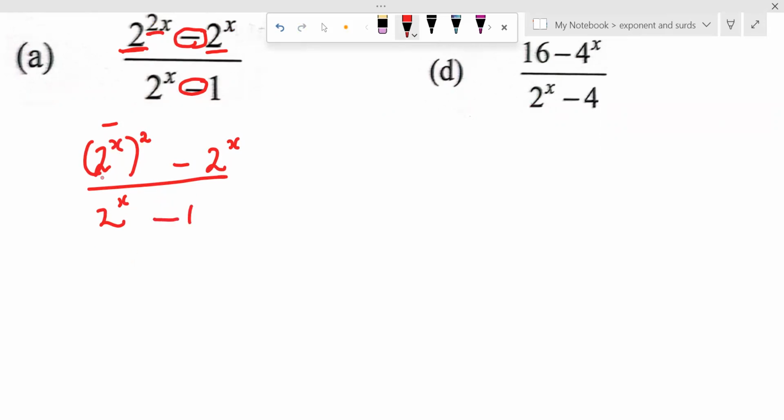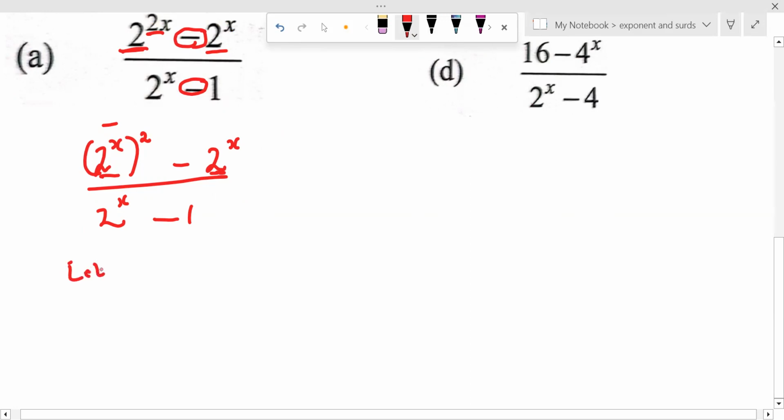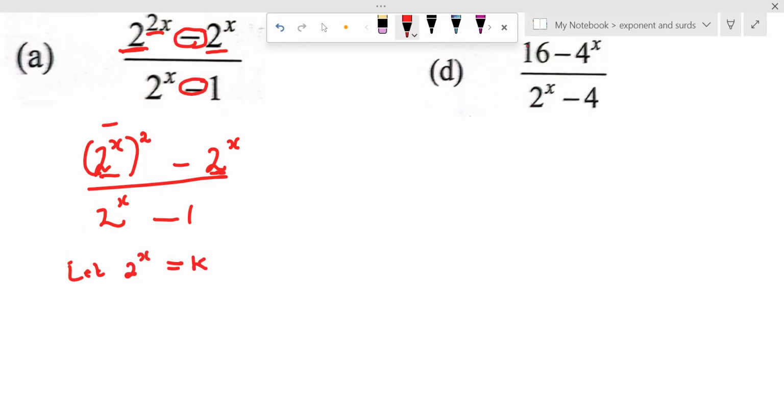Now, guys, this becomes clear that we have 2 to the power of x here. We also have 2 to the power of x. But let's make it a little bit simple so that everyone can see. We will then say, from here, let 2 to the power of x be equal to k. Meaning, because here there's 2 to the power of x, we'll put a k like this.